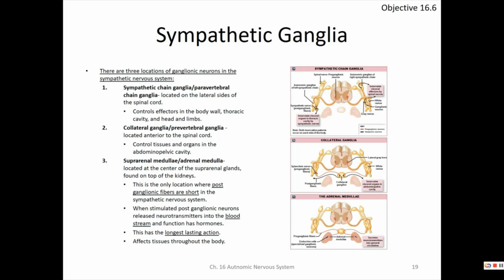Now, this is very weird. This is the only place this happens. It's short because it goes into the bloodstream or general circulation. This allows us to dump the neurotransmitters into the blood, and instead of being a neurotransmitter, it's now a hormone because it's in the blood. Remember, hormones go into the blood.